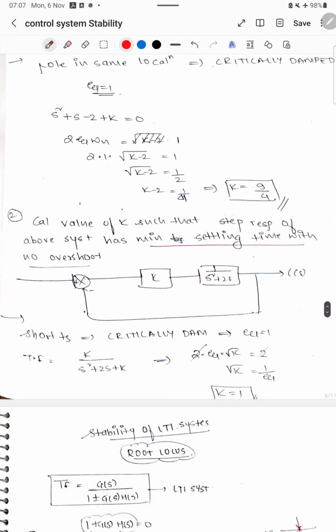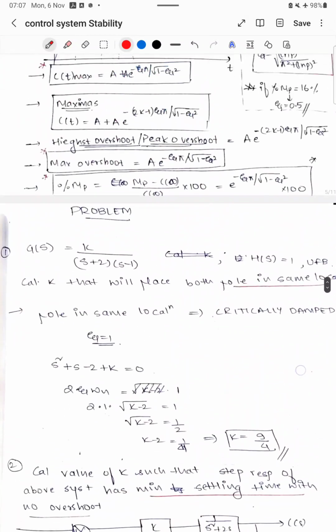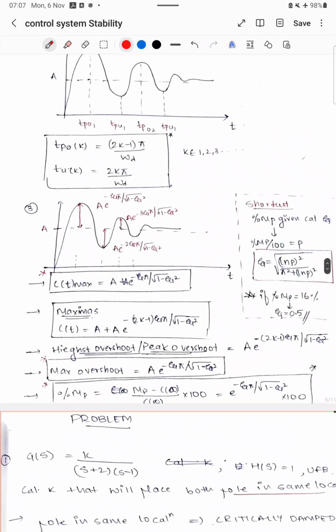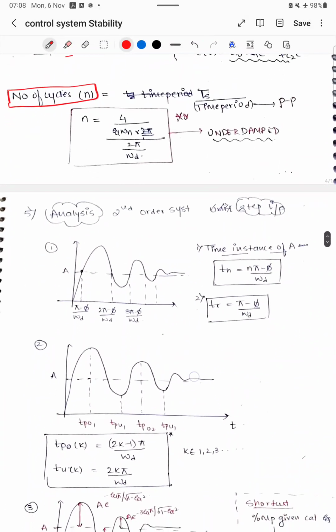Okay, now let's quickly discuss some of the formulas which are related to the second order underdamped system. Okay, first step input, of course. So for step input, underdamped system, the points which cross the steady state value are n pi minus phi upon omega d. For n equal to 1, we call it rise time, that comes out to be pi minus phi upon omega d.